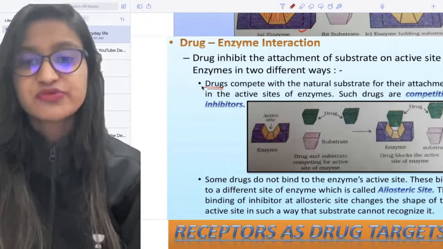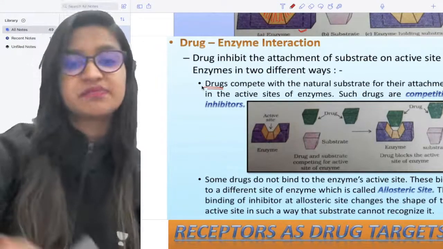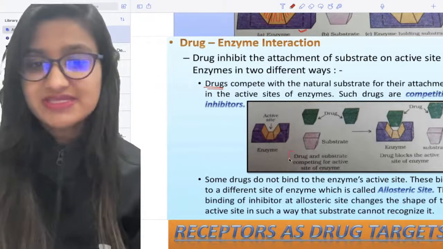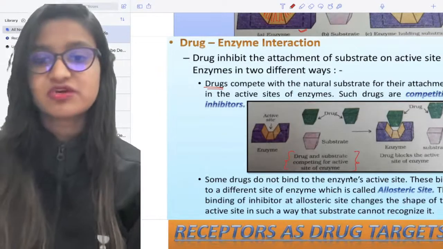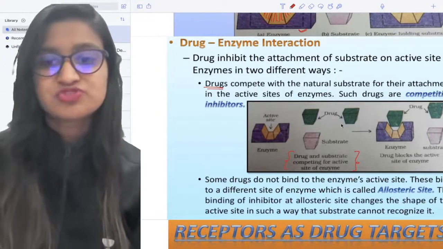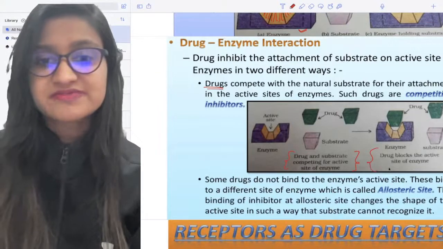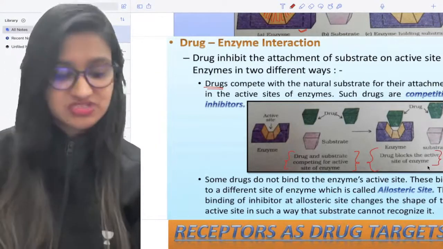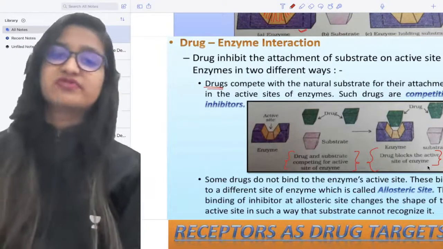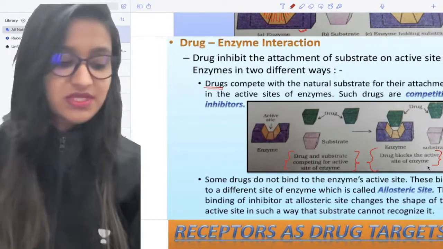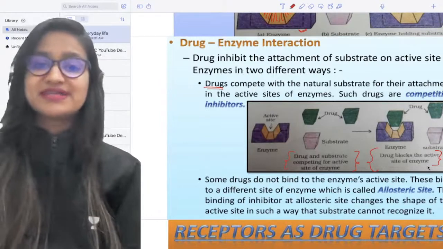ठीक है, so you can see here in the picture the drug and substrate competing for active site of the enzyme. तो देखो अब जो ड्रग है वो एक्टिव साइट को ब्लॉक कर देता है, जिसके वजह से फर्दर जो भी हमारी बॉडी में प्रॉब्लम हो रही है वो नहीं होती. So these are called as what?